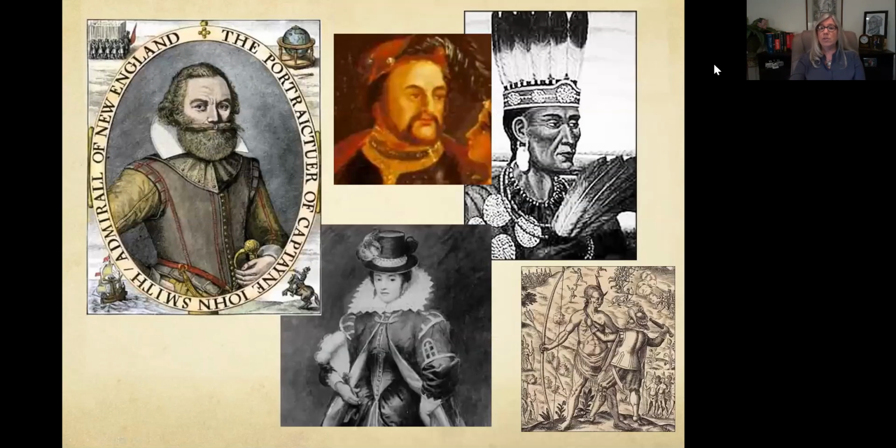Now, there are some interesting players who are involved in the story of Jamestown. You've got John Smith. You have the Indian chief of the entire, he was a paramount chief, and we'll talk about that in just a second. His name was Powhatan.